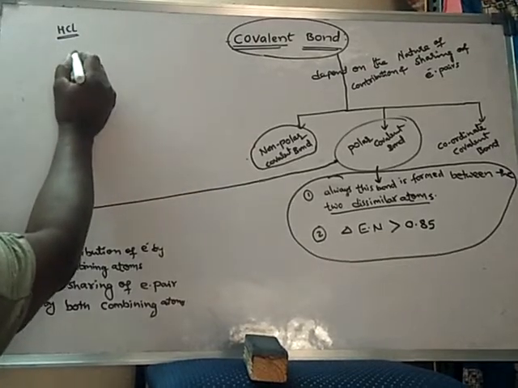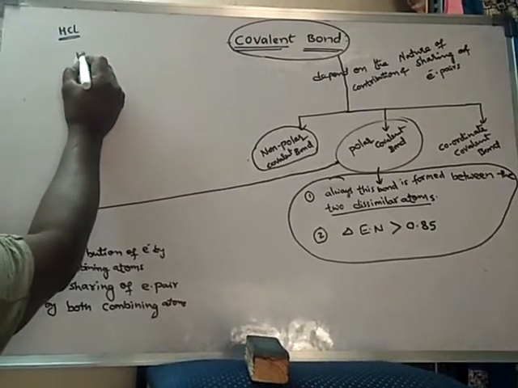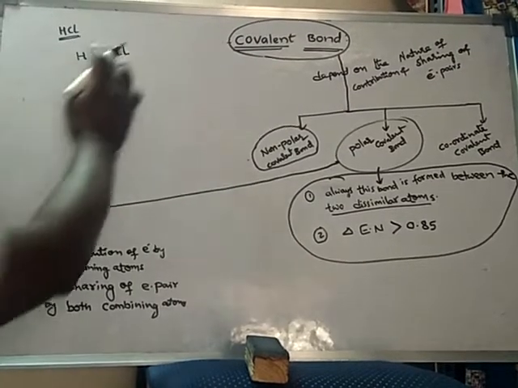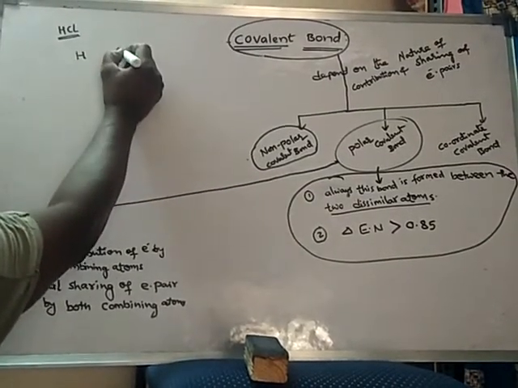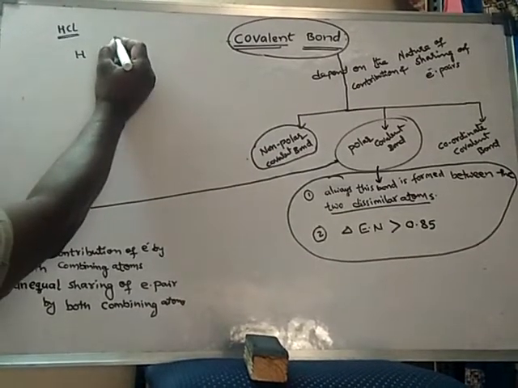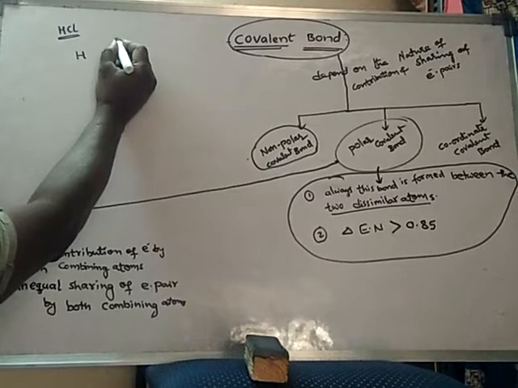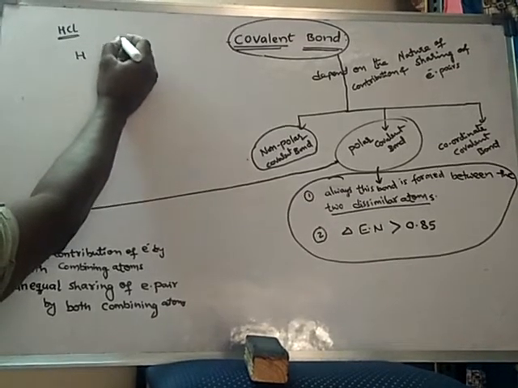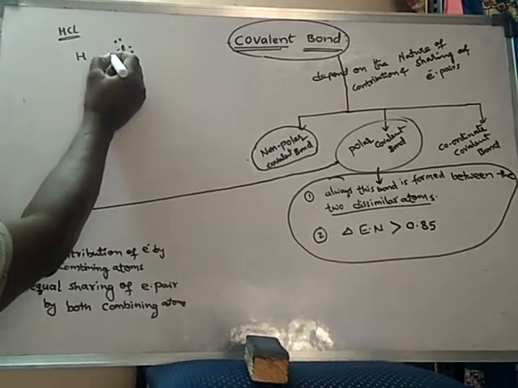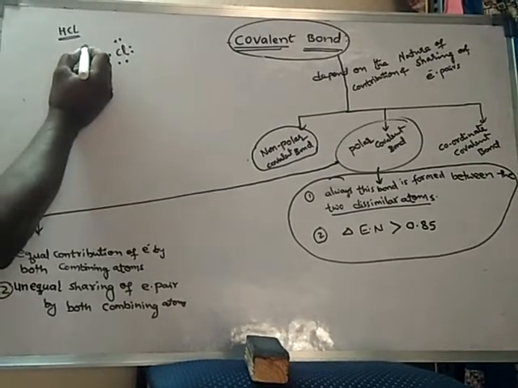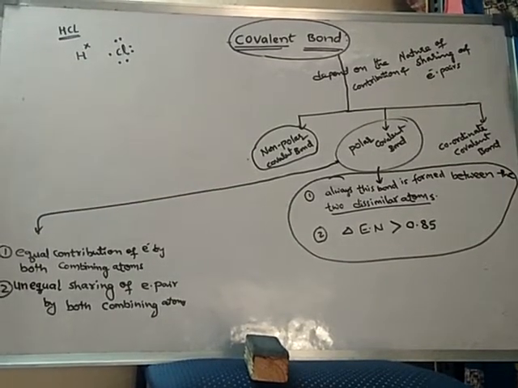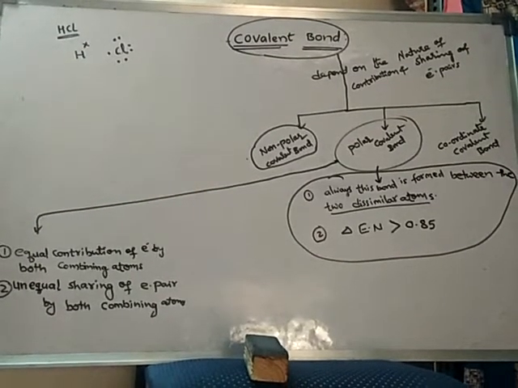HCl is formed when hydrogen combines with a chlorine atom. The chlorine atom has 1, 2, 3, 4, 5, 6, 7 electrons in its valence shell, whereas hydrogen has only 1 electron in its valence shell.